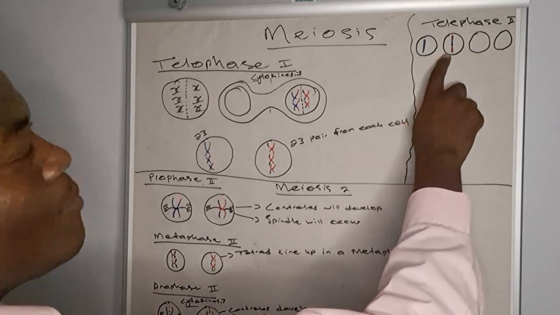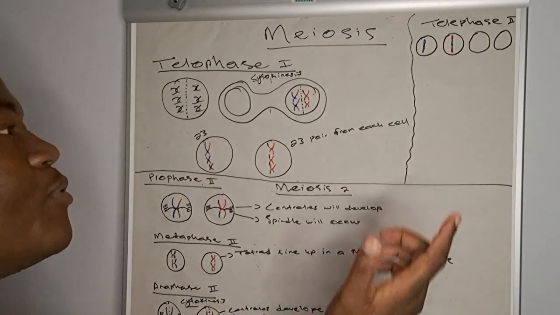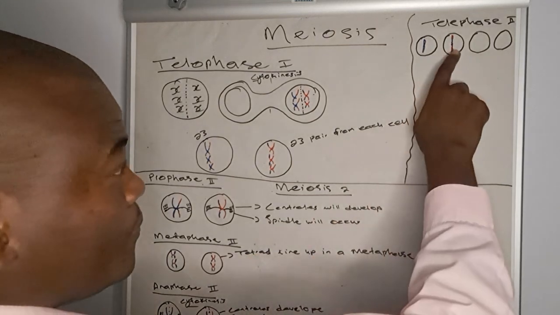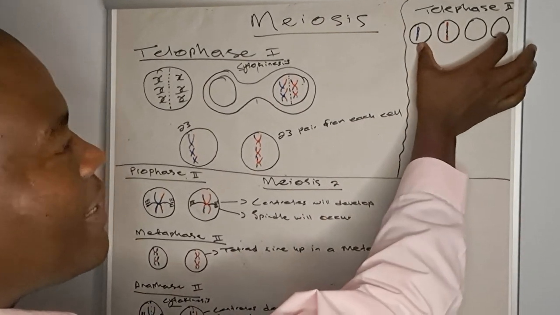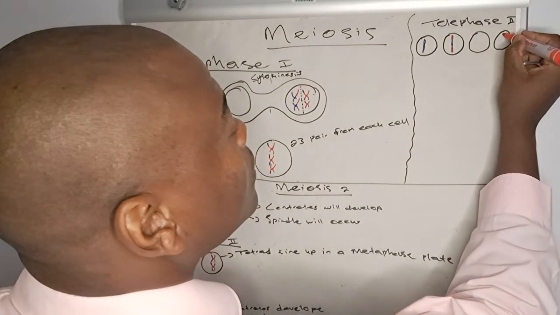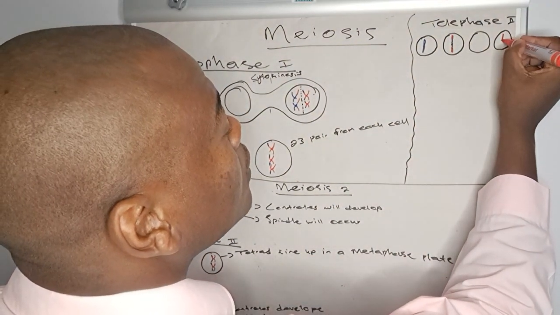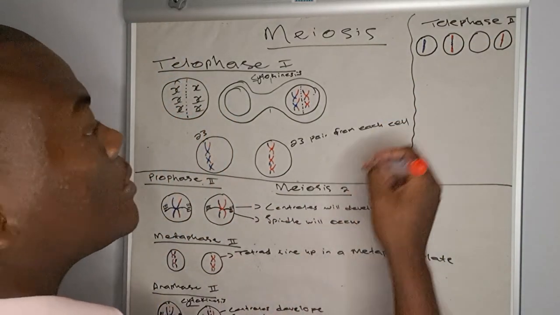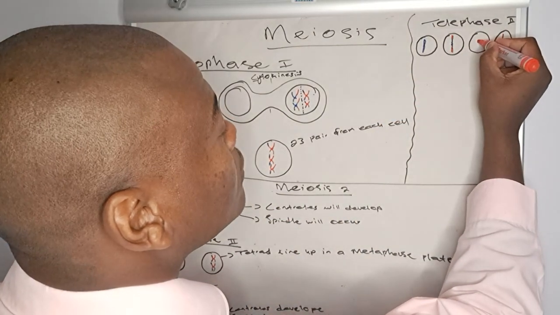The same applies here. Remember, these were those tetrads that we developed in interphase on our very first stage. These ones can never change. For a matter of fact, let me just show you. This is our chromosome that cannot change. This one is the one that can change. So we're going to have it like this.